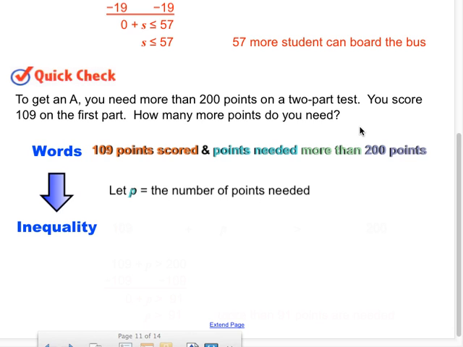What do we call the symbol that can go with more than? No. And would be addition, but the inequality for more than. Greater than. Did you hear what she just said, Joel? So we're going to say greater than. So 109 plus p is greater than 200. Okay, so that's the symbol I'm talking about.